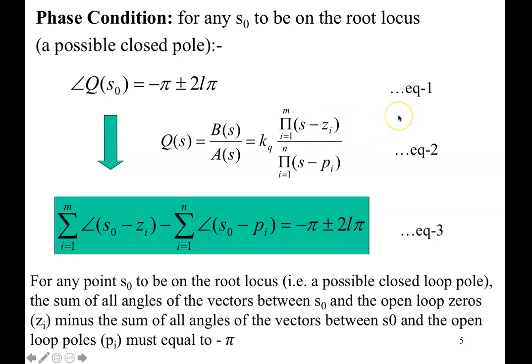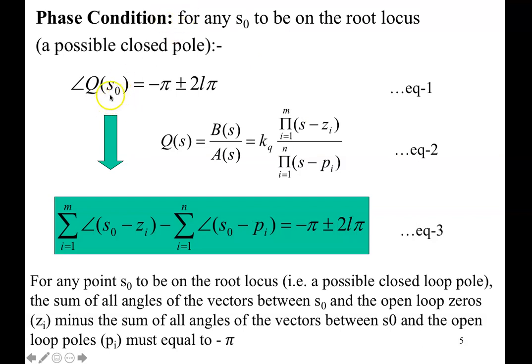Equate this to 0, it will give me the location of zeros. This sign again is a product that multiplies all the different terms for different open loop values. Zi here represents open loop zeros and Pi represents open loop poles. And s0 here is the one we want to try.